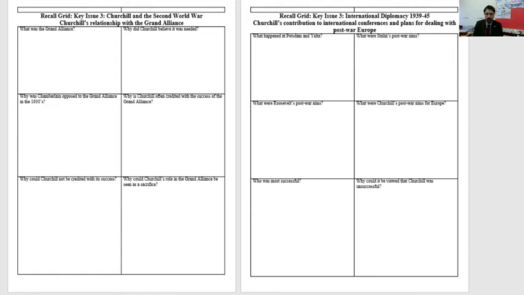Why could it be viewed that Churchill was successful? Now, remember, the course has changed, and under the new headings of the course, they're very keen on Churchill's successes, and they're very keen indeed that Churchill did a good job with what he was given. And there is a convincing argument to be made that Churchill played his hand, which was particularly bad, as well as he could.